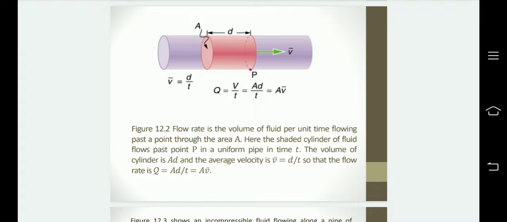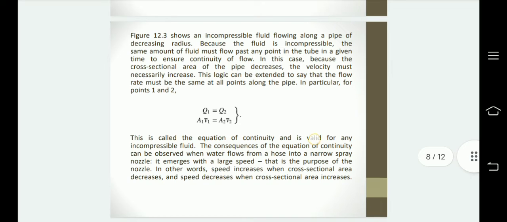So the volume of the cylinder is Ad and the average velocity is v = d/t, so that the flow rate is Q = Ad/t = Av.